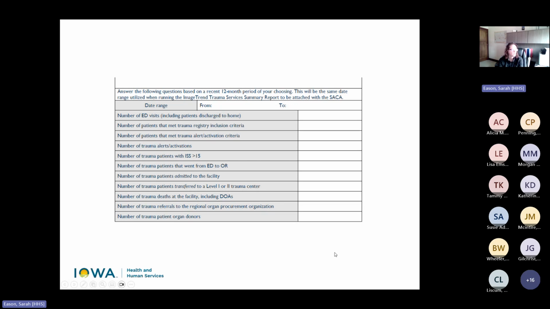And then trauma referrals to Region Organ Procurement Organization, your OPO, or your organ donors. I think pretty much everyone has gotten a hold of those reports from IDN or the Iowa Donor Network. There are some beautifully graphed reports that they can send your facility for a specific time range. Get a hold of those from IDN.